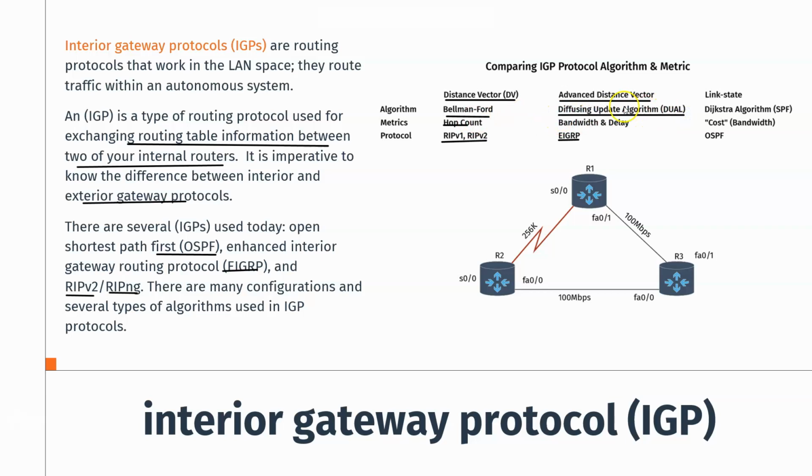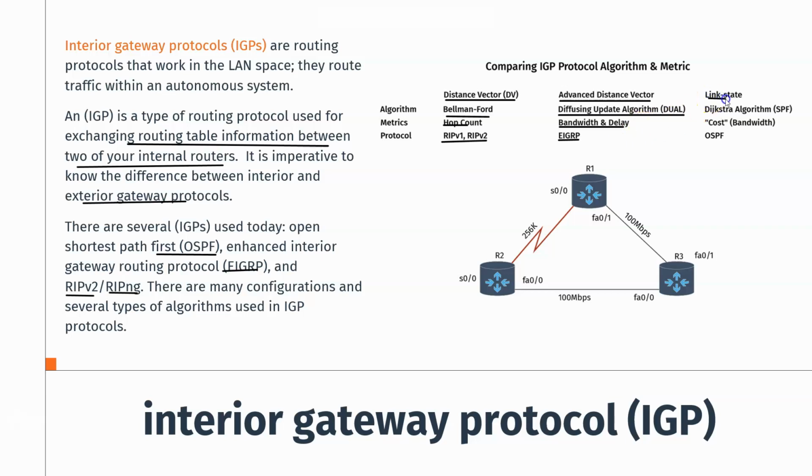The letter designation is D for whatever reason, but DUAL is the diffusing update algorithm. It uses bandwidth and delay. There are actually 5 characteristics that can be used, but only 2 of them are in use today. You may see that they're called K values. There are 5 K values, and 2 of them are used.